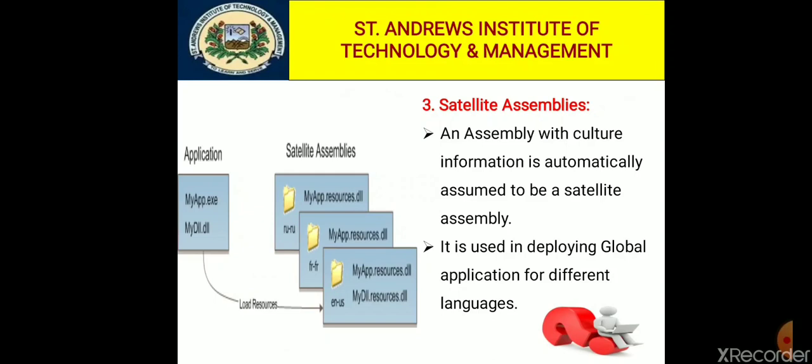It is also used to build multilingual applications, because these language-specific assemblies work in side-by-side execution. So there are three types of assemblies: private assembly, shared assembly, and the last one, satellite assembly.